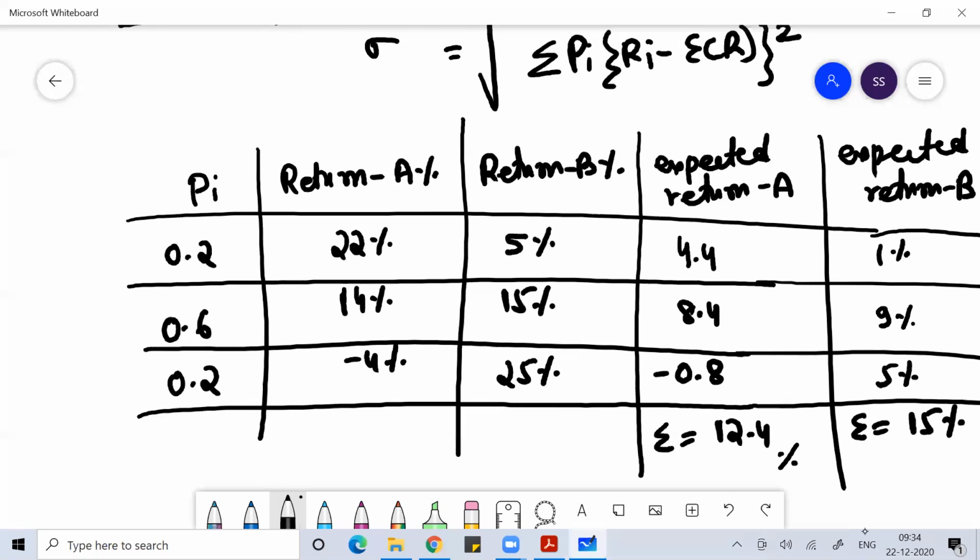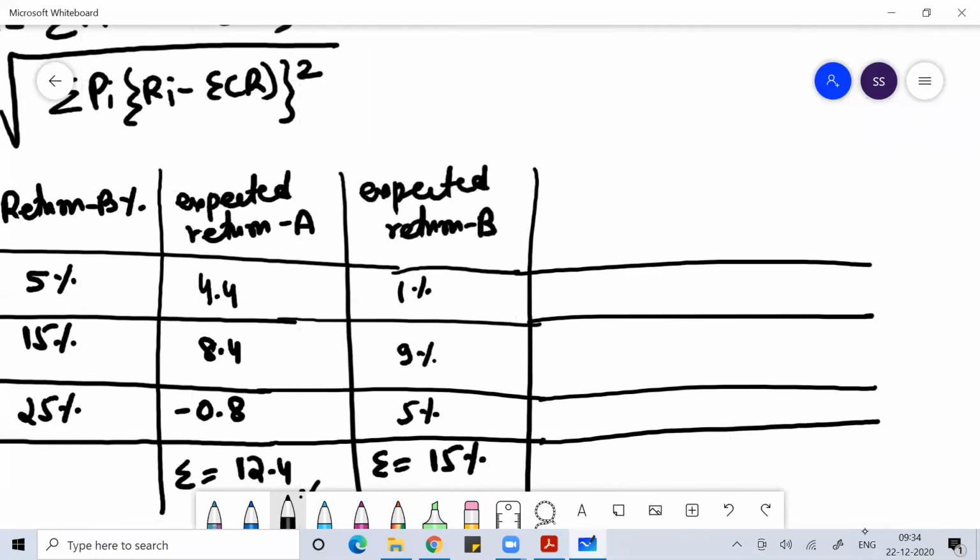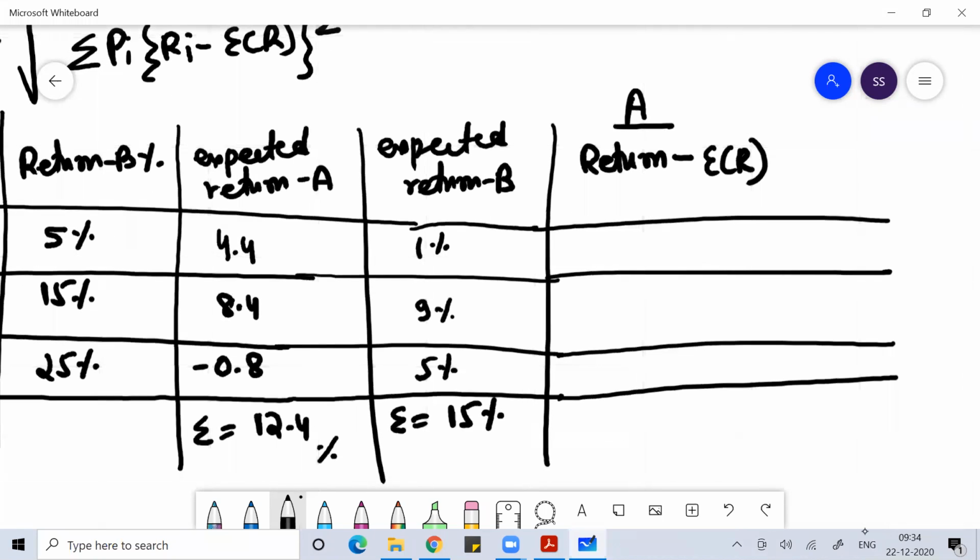we find return minus expected return, that is Ri minus ER.